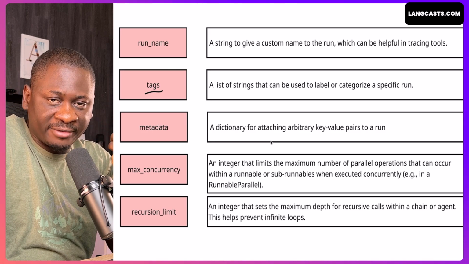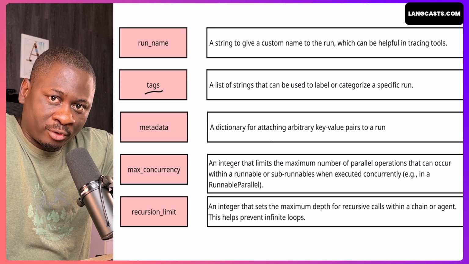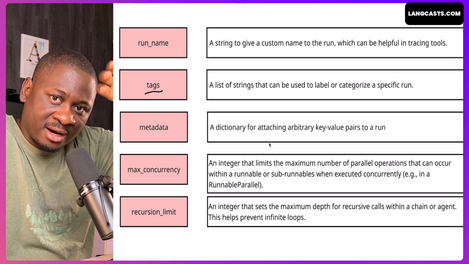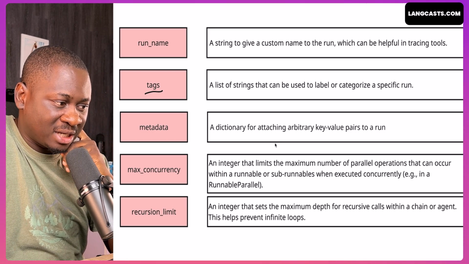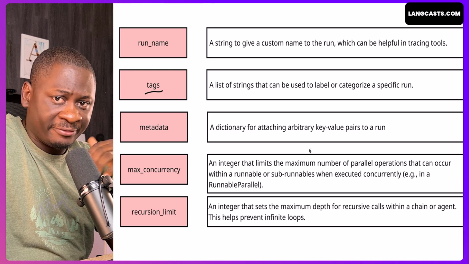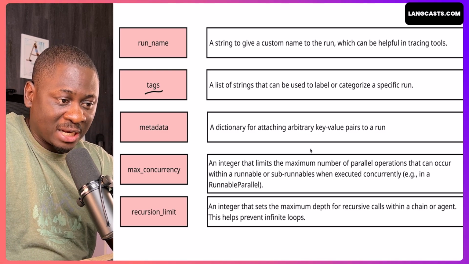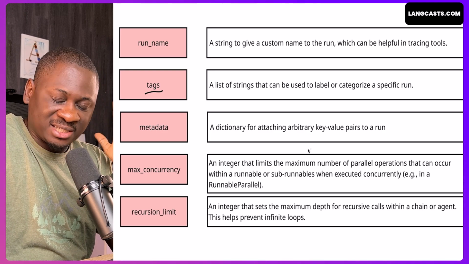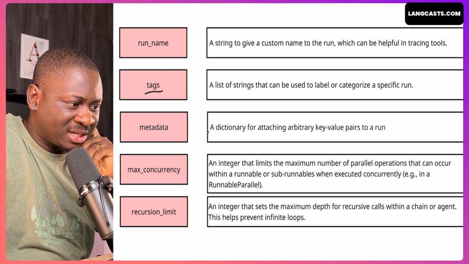So at the end of the day, when you are investigating them, you can categorize: these sets are for the transactions, these sets are for the user profile activity that is going on in the application. And it can also be very useful when you are filtering in your monitoring tools. LangSmith is a native monitoring tool to LangChain, and tags are very important. In fact, some things are just auto-tagged. So you can pass in tags.